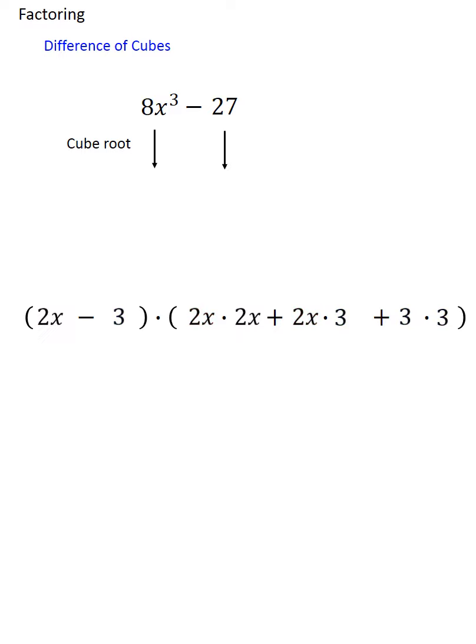At this point, it's just a matter of simplifying, because you've essentially factored. The first factor stays the same, there's nothing to simplify there, but if you look at the second factor, you'll realize there are some multiplications that we could do. So you work this out, that's of course 4x squared. You work this out, which is of course 6x, and as we all know, 3 times 3 is 9.